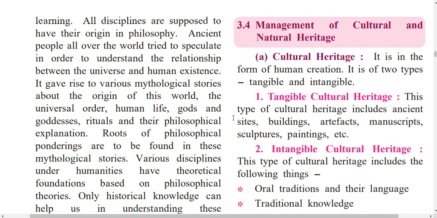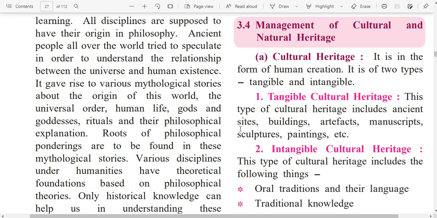Tangible means that which we can touch, and intangible means untouchable. So let's see. First is tangible cultural heritage. This type of cultural heritage includes ancient sites, buildings, artifacts, manuscripts, sculptures, paintings, etc.